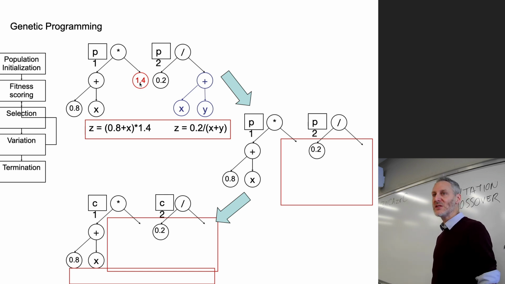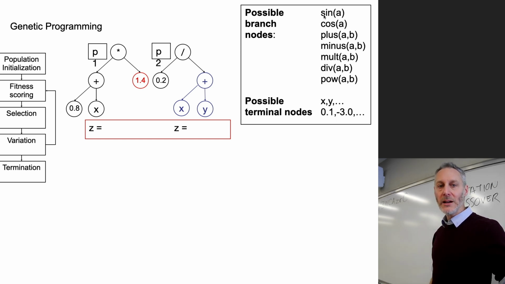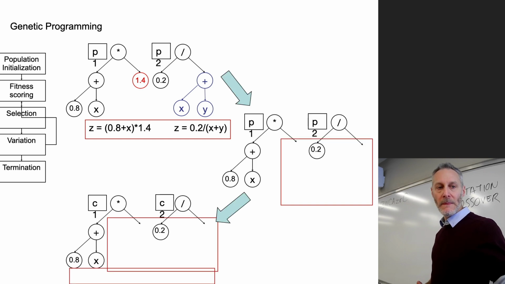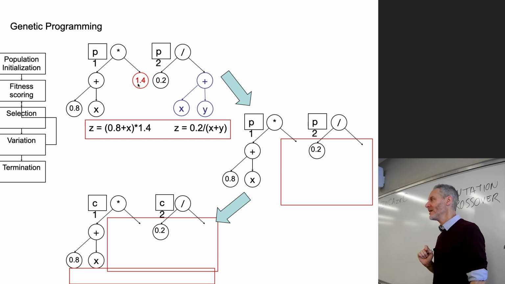We're just back to an empty circle. And now we reach into the bag again. Maybe we pull out another constant. Maybe we pull out an operator. Maybe we pull out sign. Sign requires just one argument. So we delete 1.4 and we write sign in there.